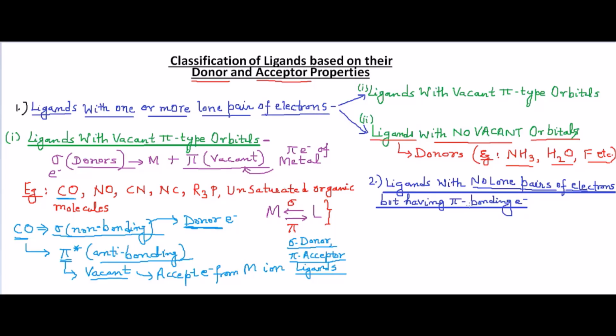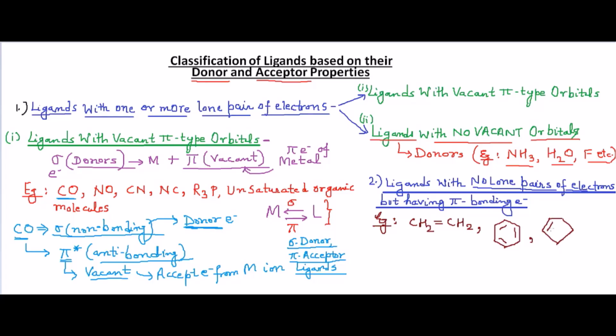So these are quite interesting ligands, and the examples are also very interesting, mostly the organic compounds that contain the pi bonds like ethylene and then benzene, and also these kinds of ions, right?